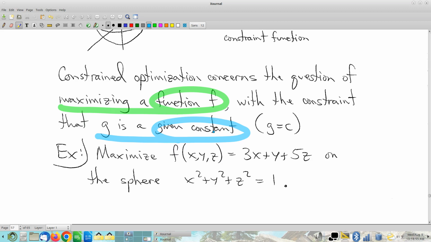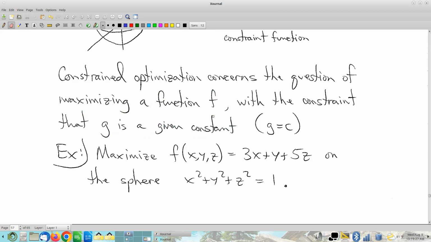Right, there's the function that I want to maximize, and there's the function that's not allowed to change, that serve different purposes. G tells me which x's I'm allowed to consider. F is what I want to consider with respect to those allowed x's. Does that make sense to everybody? The function we're trying to maximize is constrained by the fact that the constraint function tells me where I'm allowed to even look at that.